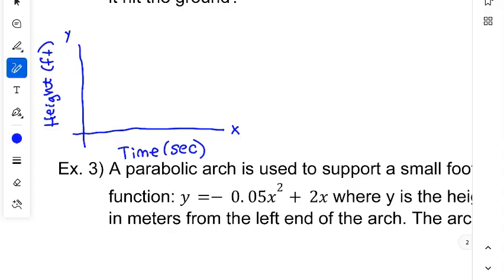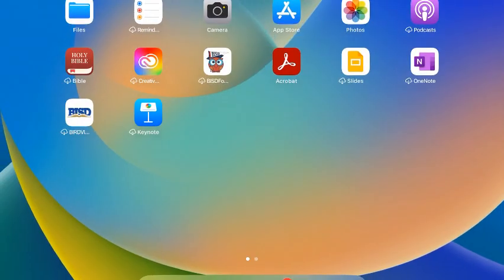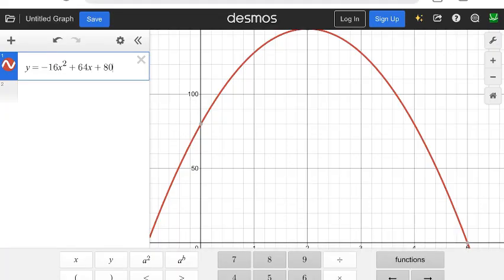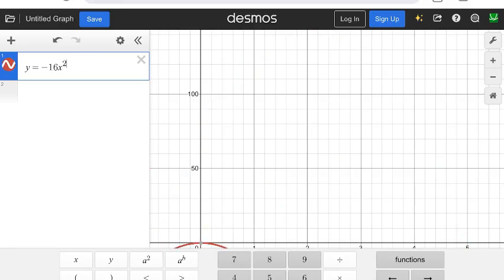So type it into Desmos. What is our equation? Y equals what?